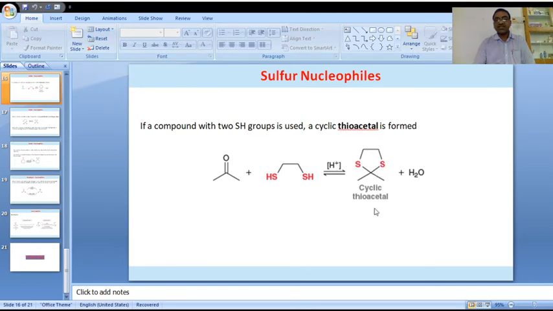It turns into a cyclic thioacetal. This is the first step.